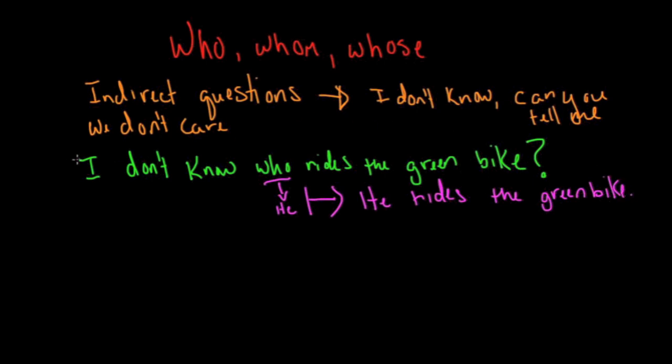And you can't just let this first part confuse you. So you can look at it just as if this part right here didn't exist and say, who rides the green bike? And you know the answer is going to be he, so we're going to use who. Let's take a look at another one.